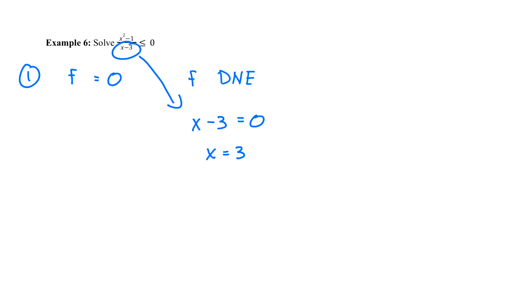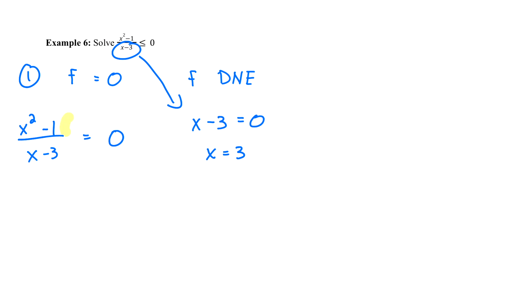We may have more here because we also need to consider the case where f is equal to 0. So one thing we can do is take this whole function, (x squared minus 1) over (x minus 3), and set this whole function equal to 0. Now, I can't solve for x while it lives in the denominator, so I have to get rid of that x minus 3.